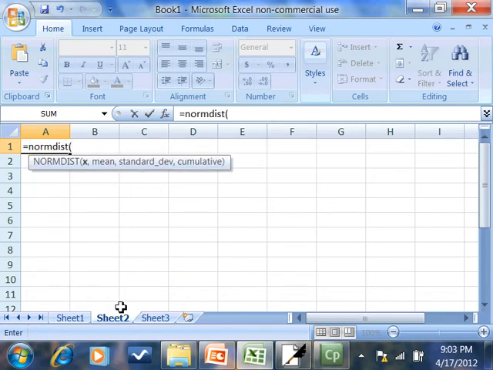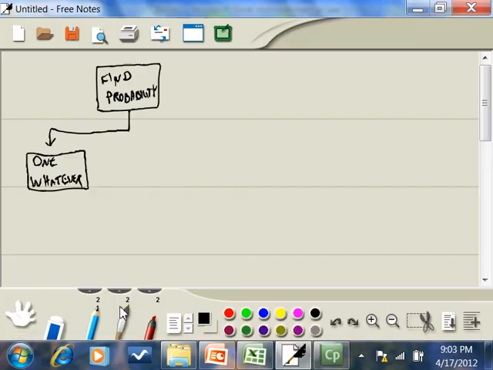Our first value is the x, and then our mean, standard deviation, and cumulative. We put in our x value, our mean, our standard deviation, and then our flag, 1 for cumulative. Actually, everything we do is cumulative.